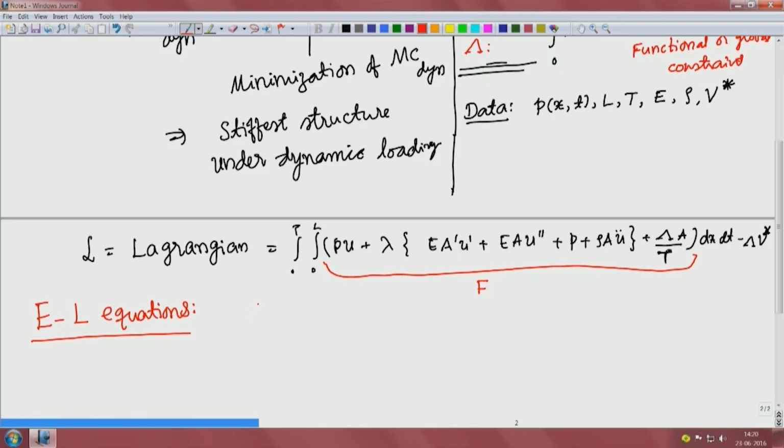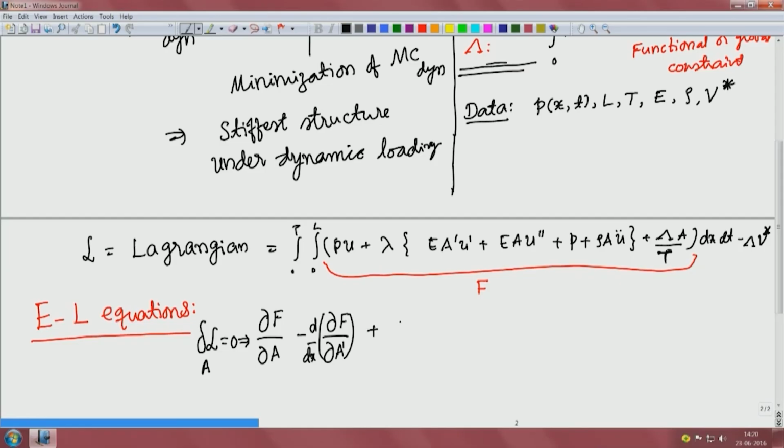We write the equations as follows. First, if I take the variation of the Lagrangian with respect to the area of cross section, that would imply dou f by dou a minus d by dx of dou f by dou a prime.